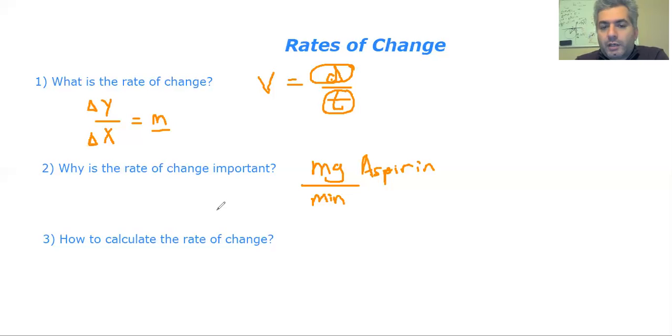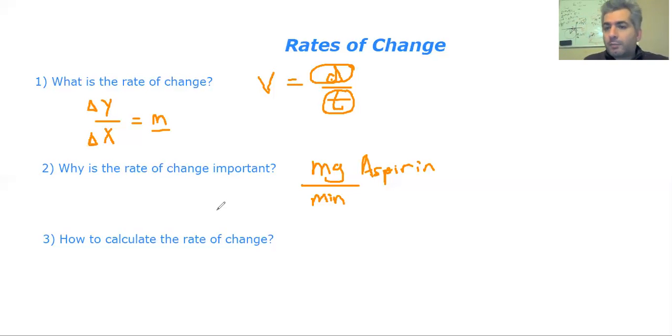When we look at players that are so-called on fire, in 10 minutes they could score 25 points or 30 points, whereas we can calculate that as an average over a whole game or over a certain number of minutes, and we can compare that with other players. So rates of change are important because we can compare between, say, player A and player B, how much better player A is in shooting 3-pointers compared to player B.